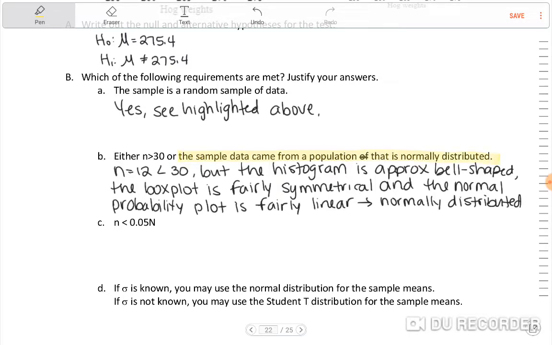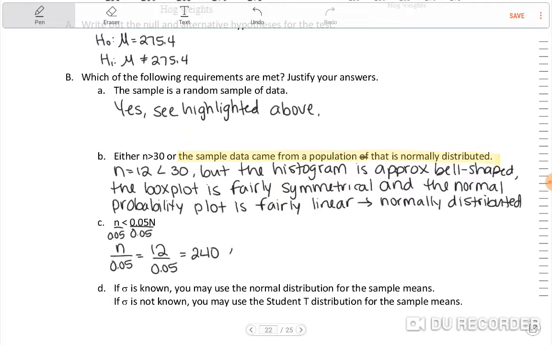There we go. Is n less than 0.05 divided by capital N? Now what I have always given is n divided by 0.05. So if we can calculate that, in this case 12 divided by 0.05 is going to be, let me go ahead and divide this out here. 12 divided by 0.05 is 240.